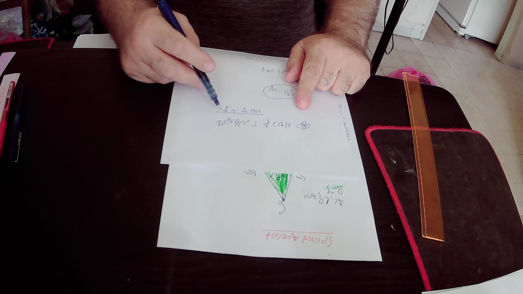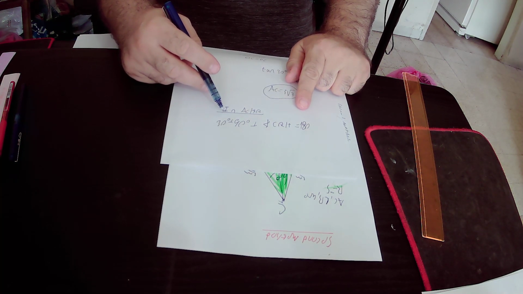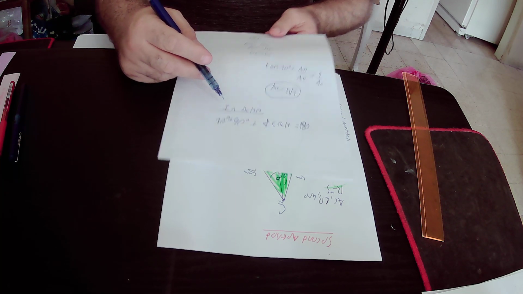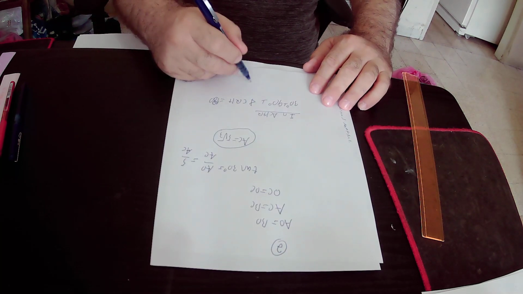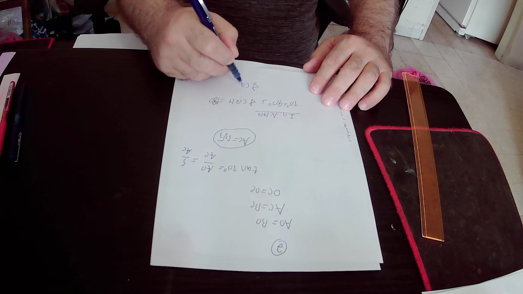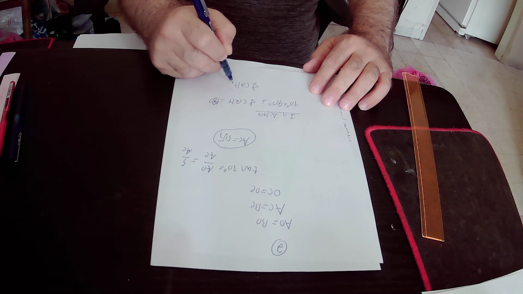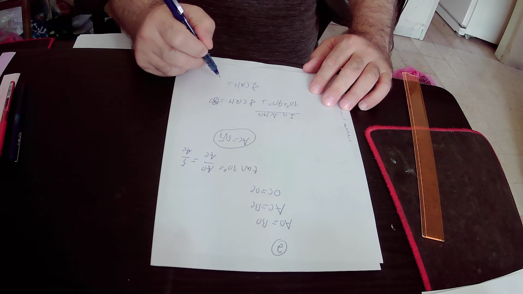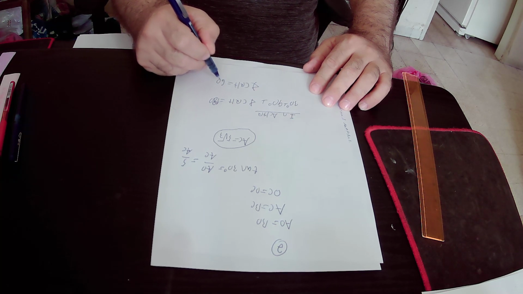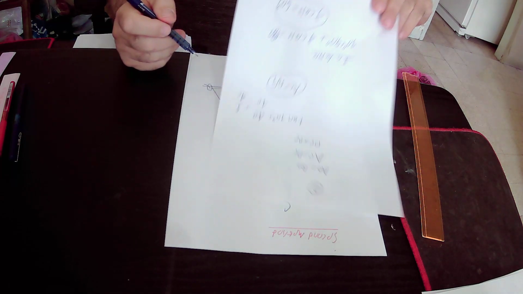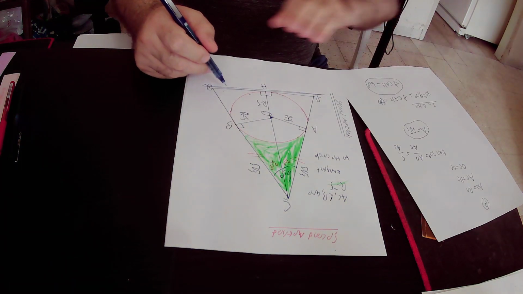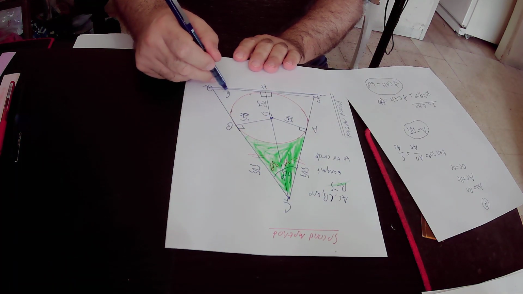We subtract 120 degrees from both sides and get that the size of angle CQH equals 180 degrees minus 120 degrees, that is to say 60 degrees. So angle CQH equals 60 degrees.